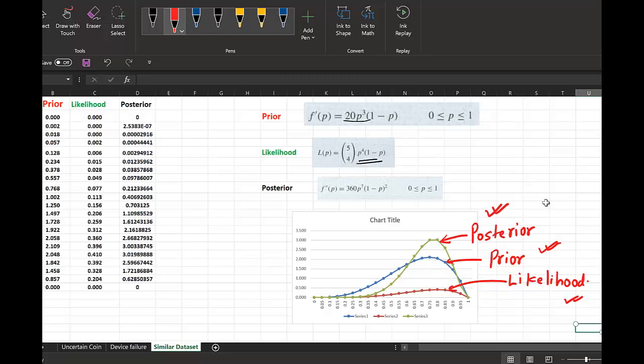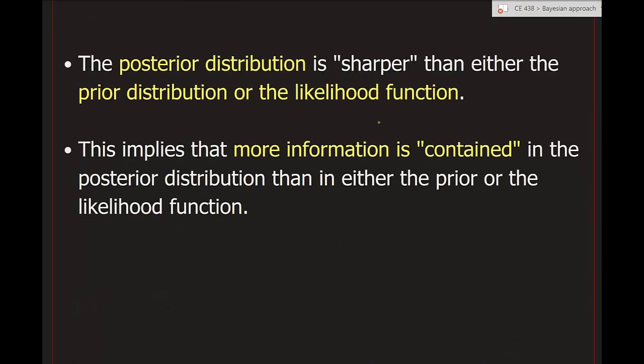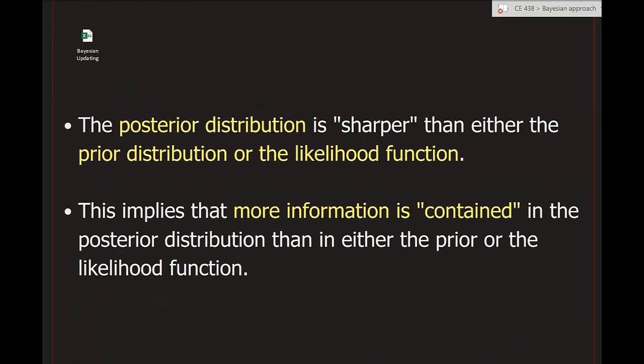So let's come to the slide. Basically the posterior distribution is sharper than either the prior distribution or the likelihood function. This implies that more information is contained in the posterior distribution than in either the prior distribution or the likelihood function.